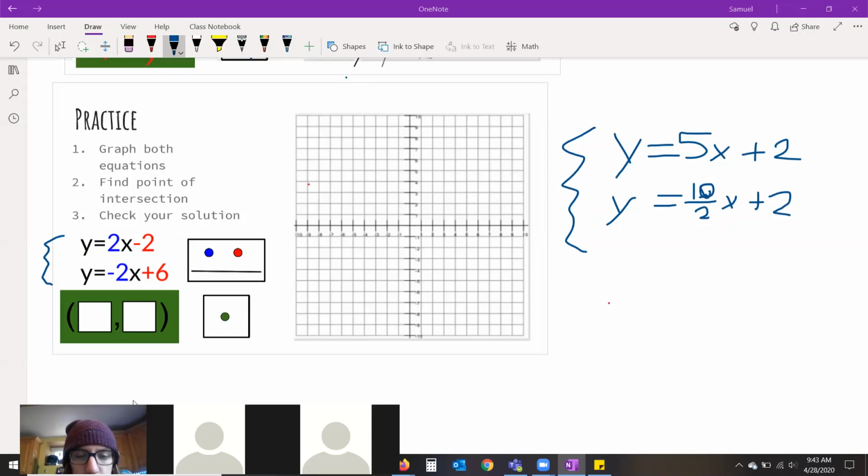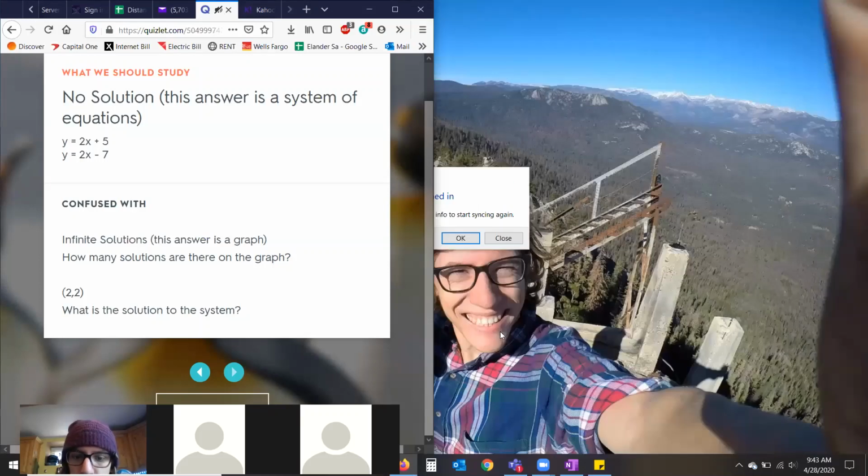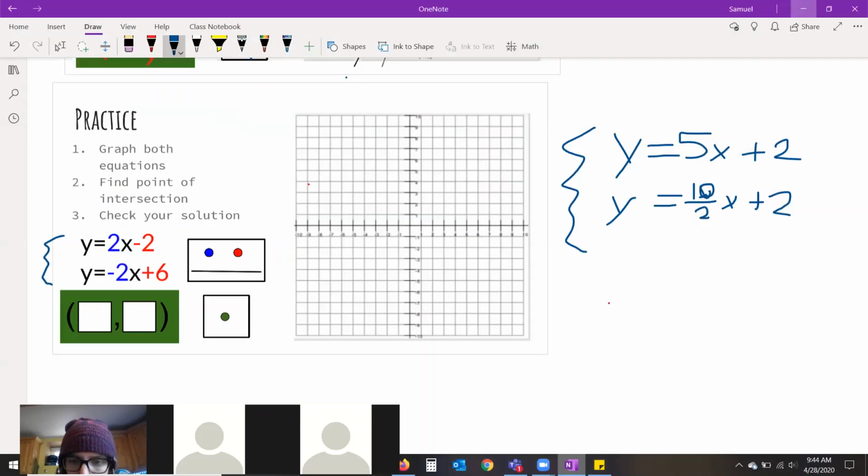I've already closed mine, so it shouldn't be coming from my end. If it is, I will do that, just in case. Is that better? Okay.